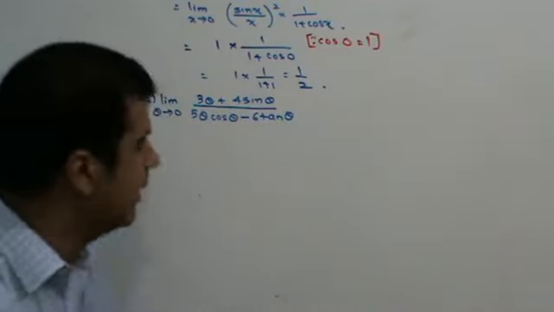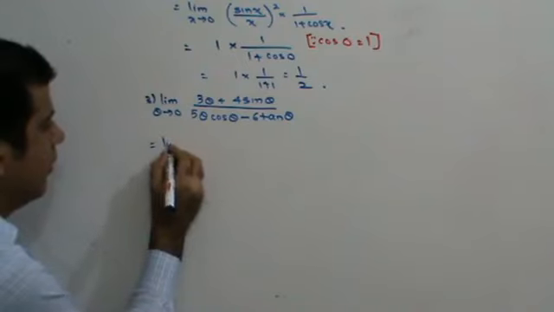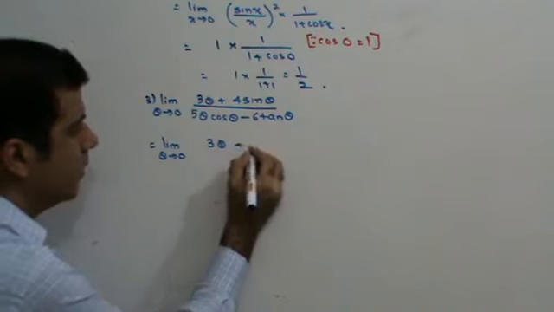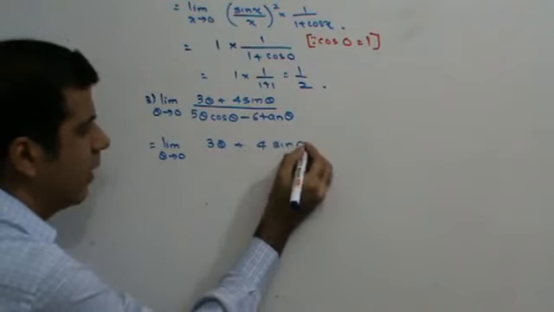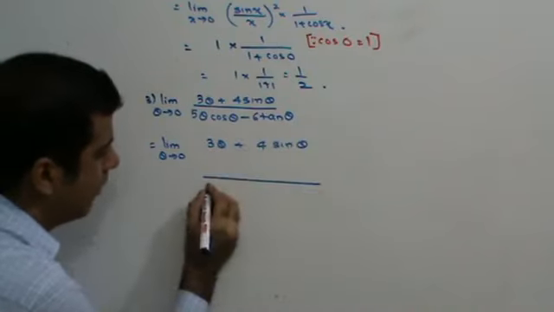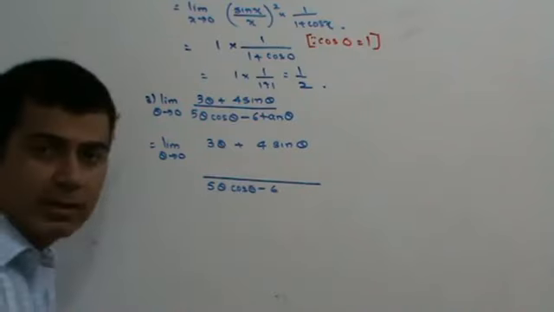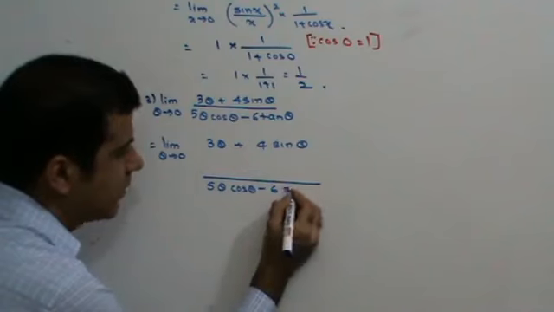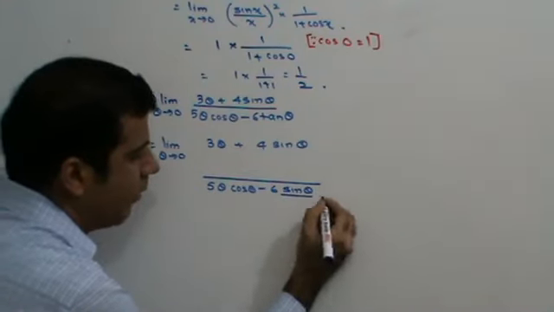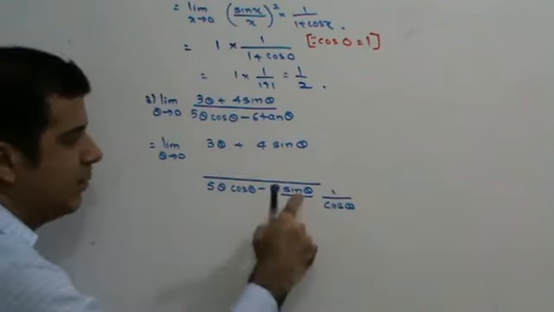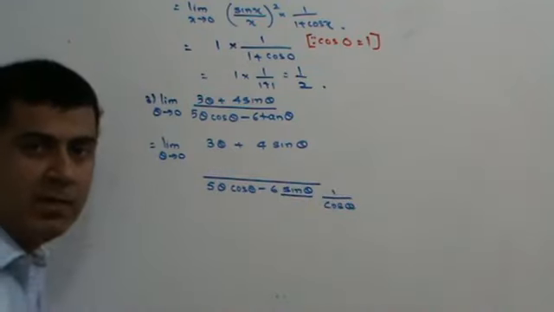Now this can be written as limit of theta tends to 0, 3 theta plus 4 sin theta upon 5 theta cos theta minus 6 tan theta, where tan theta can be written as sin theta upon cos theta.